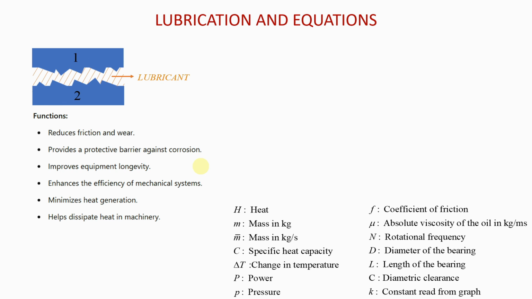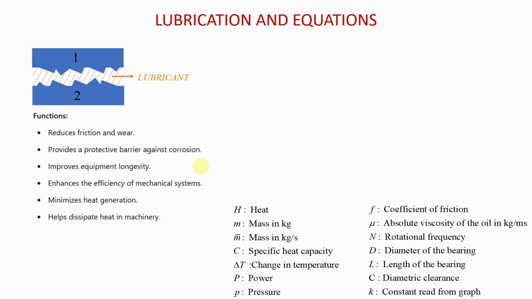The third function of the lubricant is that it improves the longevity of the equipment, because if we can reduce the friction between them, these objects are going to last longer because they're not going to wear off too quickly. And the fourth function of the lubricant is that it enhances the efficiency of the system.